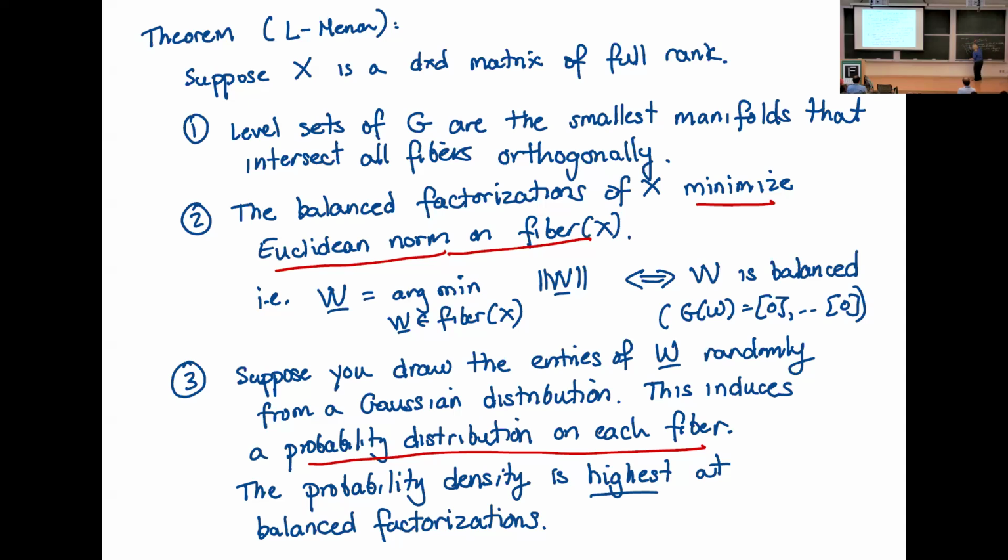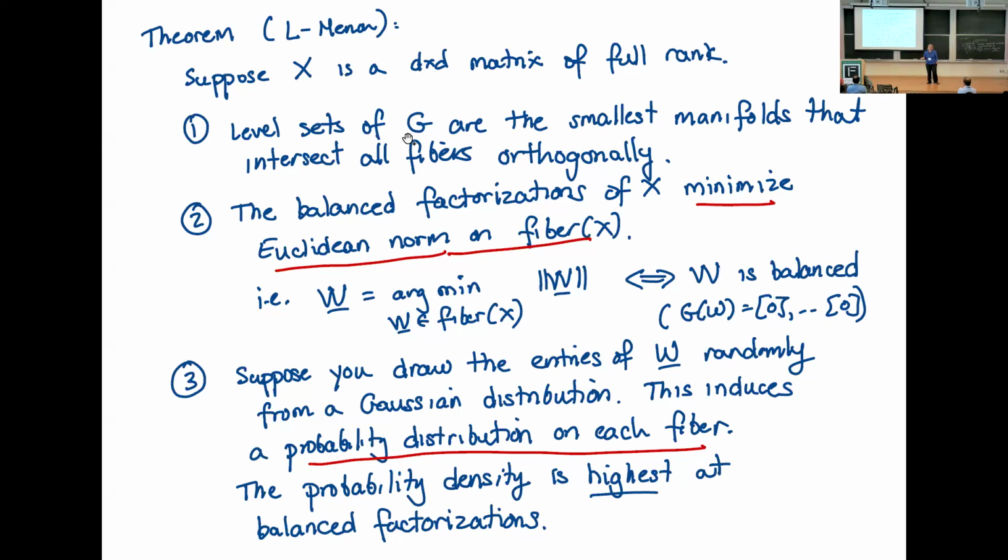So there's this dual picture consisting of orthogonal sets. And if we do any sort of gradient descent, we're only ever going to be able to move along these perpendicular fibers.